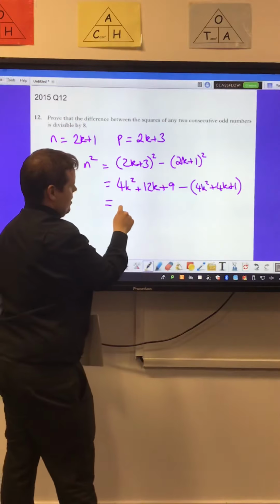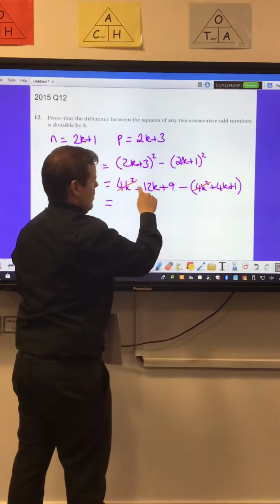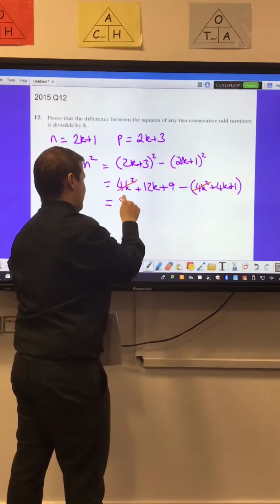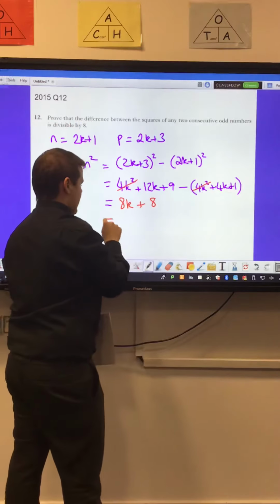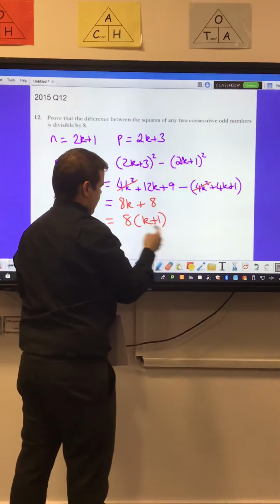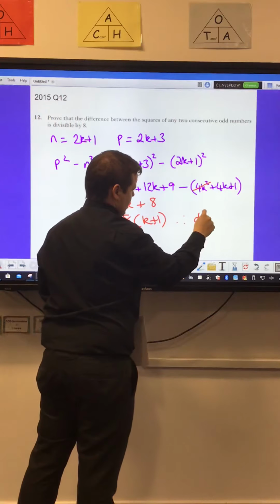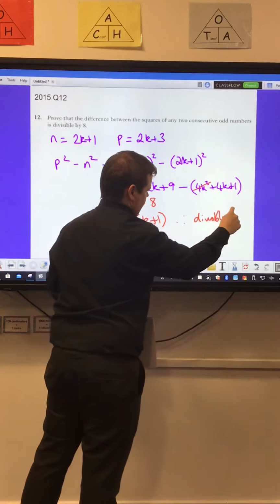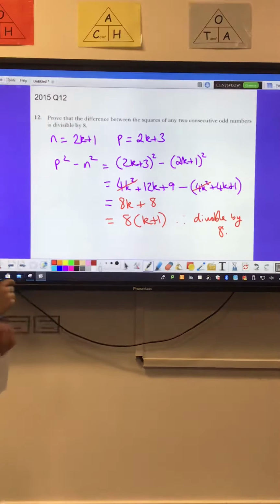Hopefully you're getting to see it here. Well, that is going to cancel. I'm left with 12k take away 4k, which is 8k, and 9 take away 1, which is 8. Again, like the first one, that's got a common factor, and therefore divisible by 8.